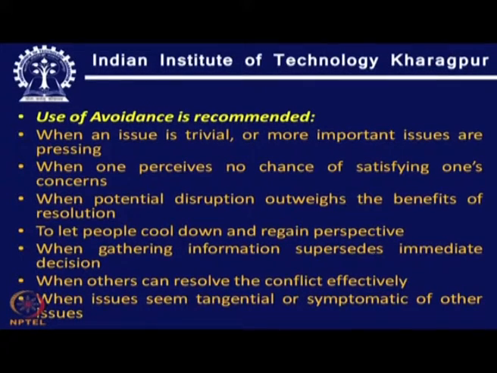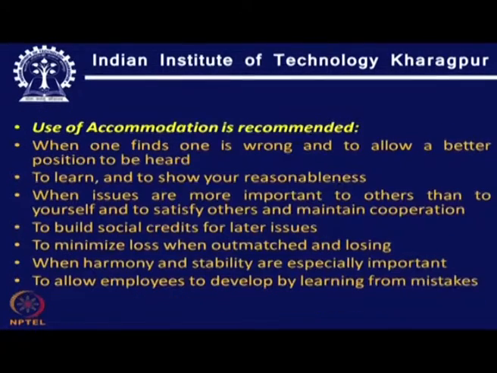If we give more importance to this particular issue now, it may give rise to similar issues in future. So it is better to avoid discussions about these issues now, and avoidance is a better technique in this type of situation.